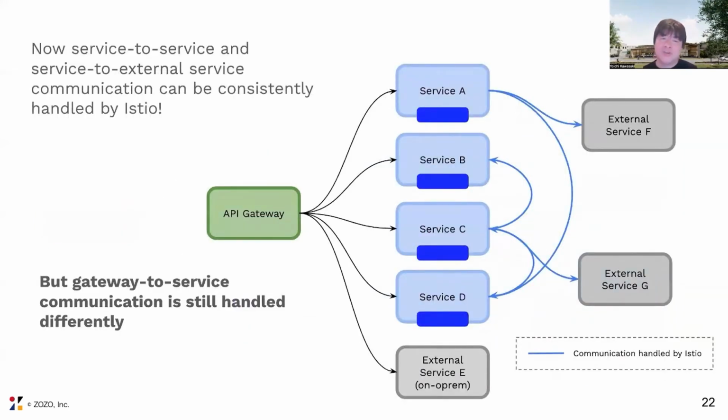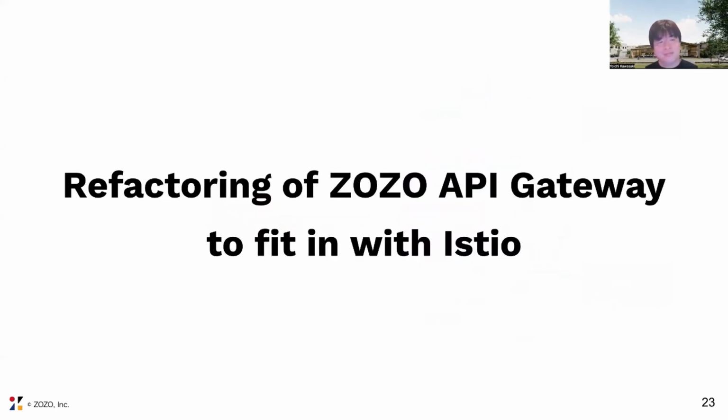Now the service to service and the service to external service communication can be consistently handled by Istio. But as you can see, gateway to service communication is still handled differently. So we decided to enable Istio on the API gateway pod as well. Before enabling Istio on the API gateway, we refactored the API gateway to fit with Istio.